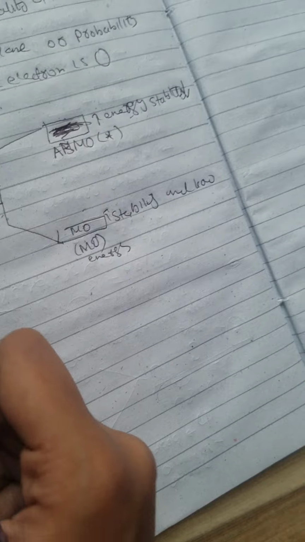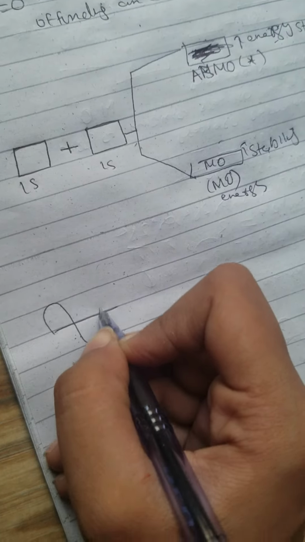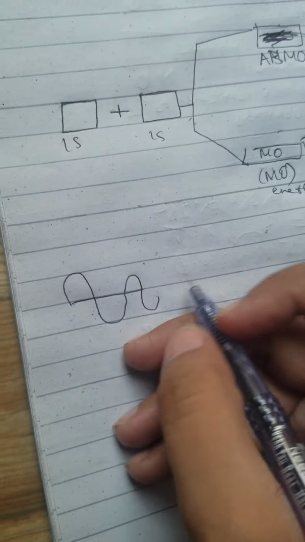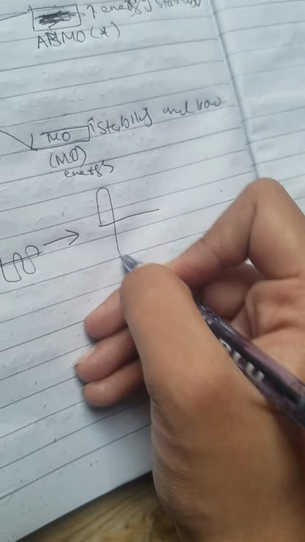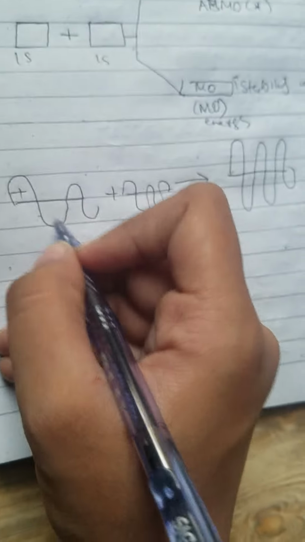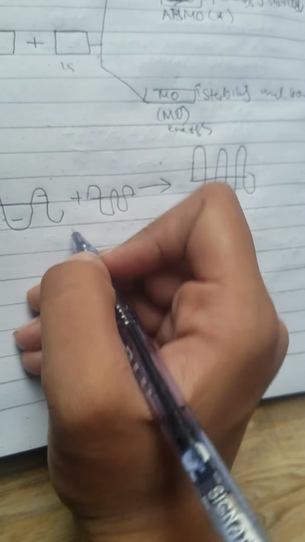For example, when two waves combine, as we know that the electron is a wave, we usually get a huge wave with a high crest and trough. Positive combines with positive, negative combines with negative.